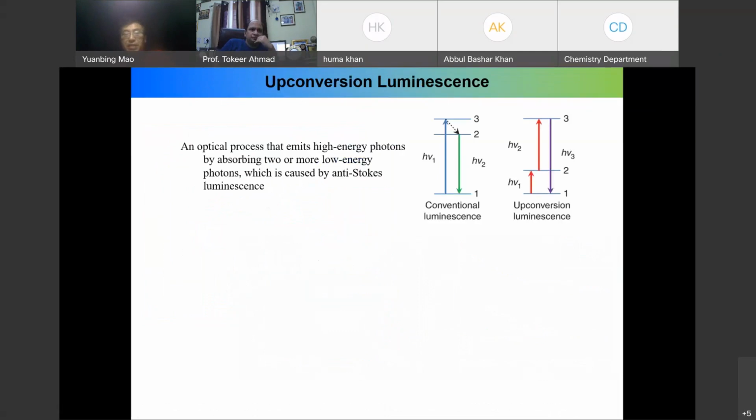I already mentioned somewhat about the upconversion. So the upconversion, right? Basically, in regular luminescence, the phosphors absorb higher energy and then emit at a lower energy, that is longer wavelengths, right? But for some materials, they can absorb photons continuously and then emit light at a higher energy.